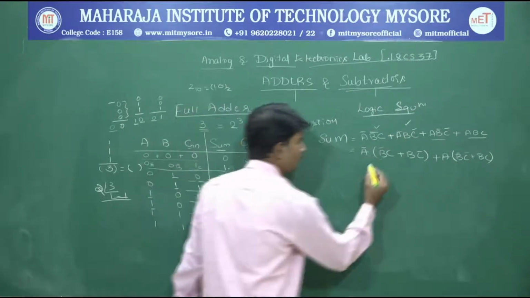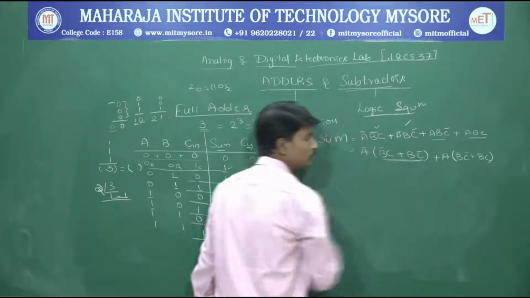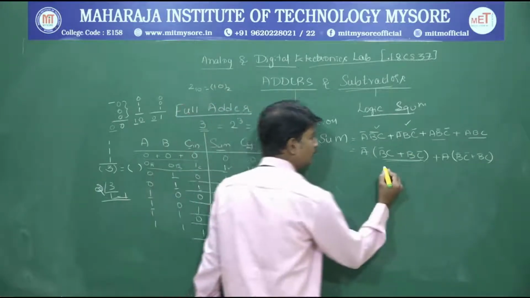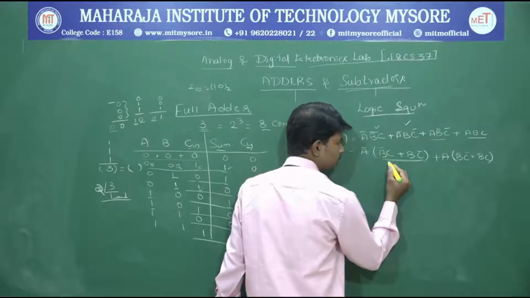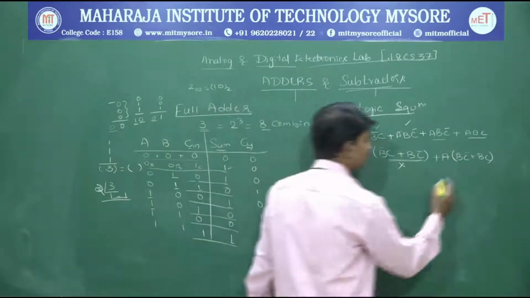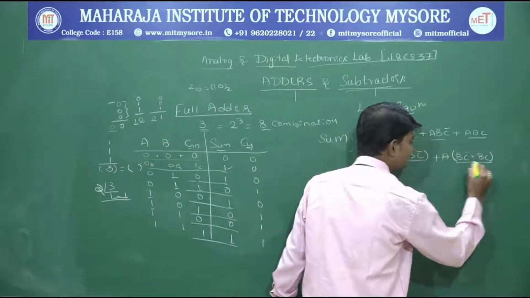Now this whole thing, B bar C plus BC bar, I can assume is nothing but an X. Why?